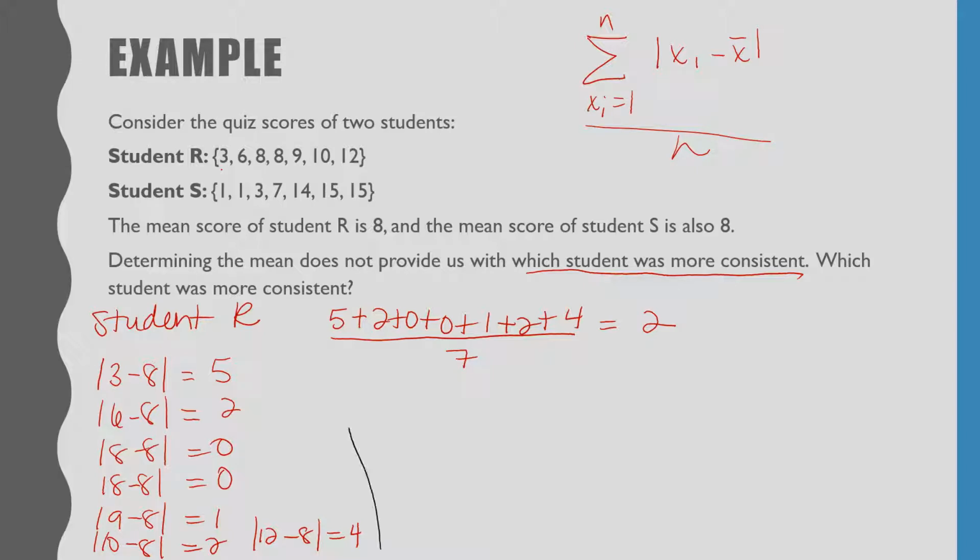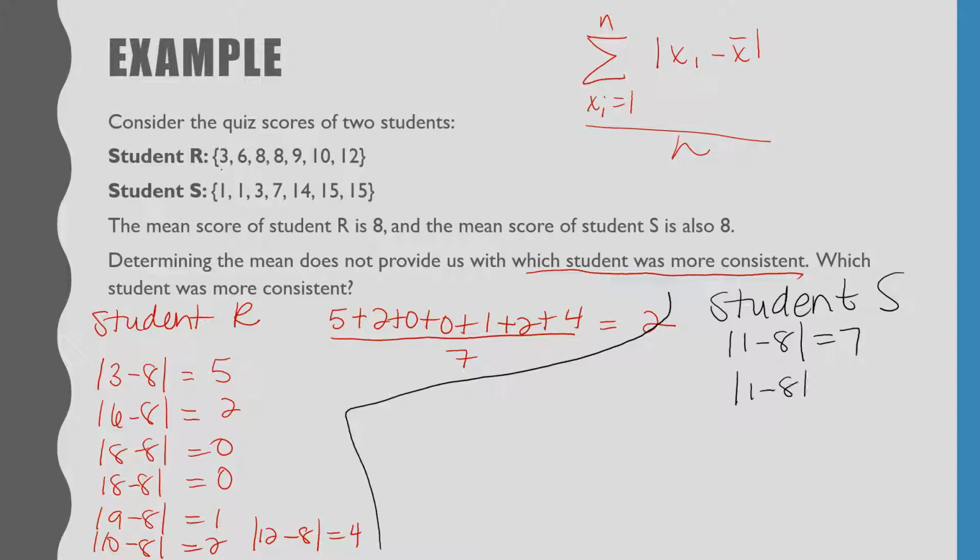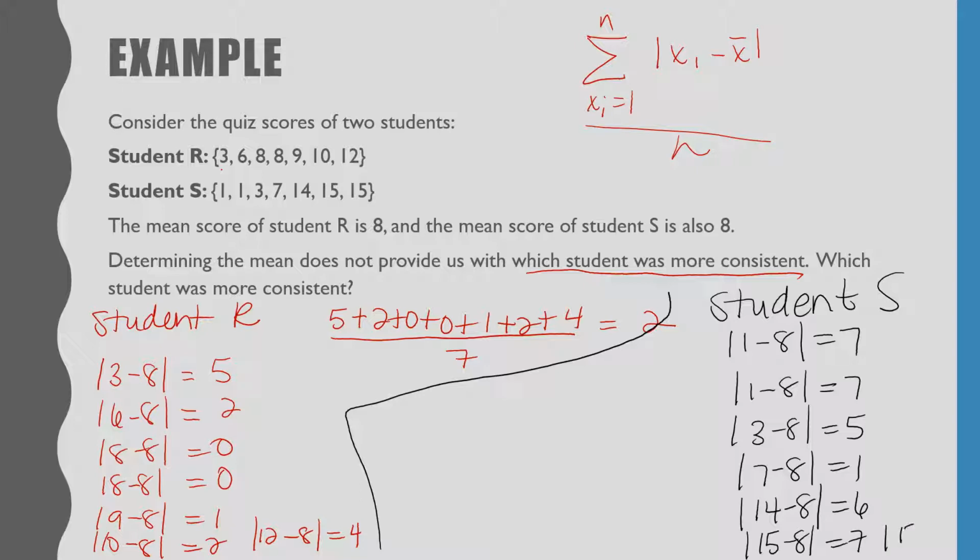Okay, so now I'm going to do the same thing with student S. 1 minus 8 is going to give me 7. 1 minus 8 is going to give me 7. 3 minus 8 is going to give me 5. 7 minus 8, 1. Absolute value 14 minus 8 is going to give me 6. 15 minus 8 is going to give me 7, and I've got one more of those.